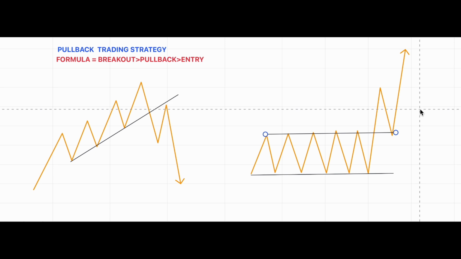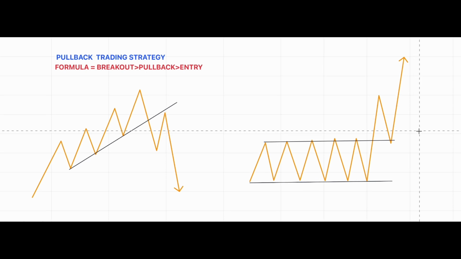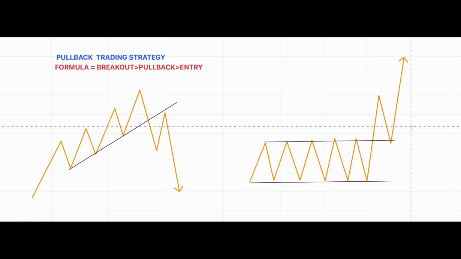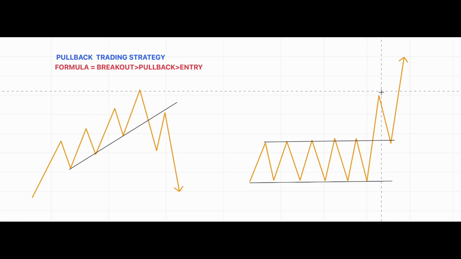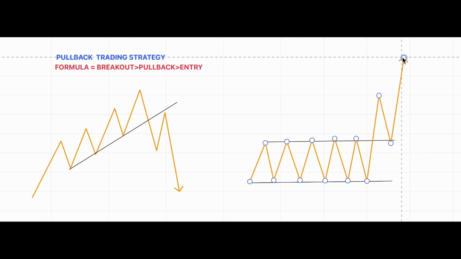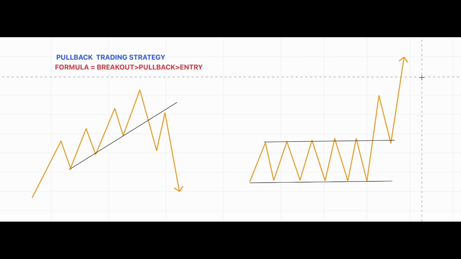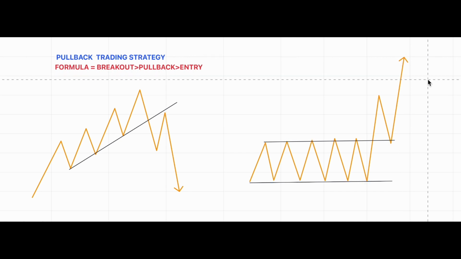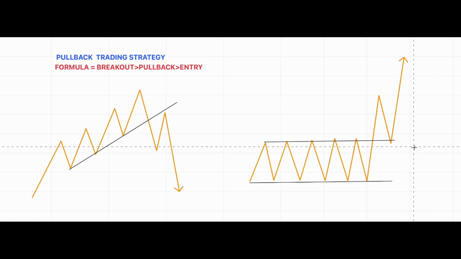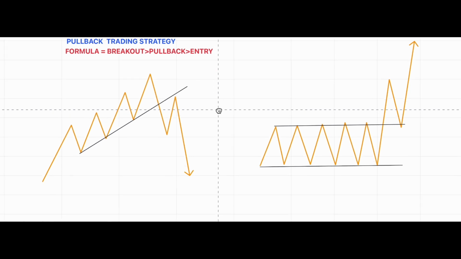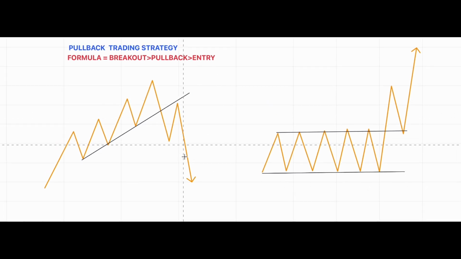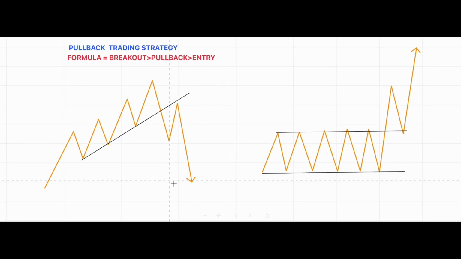The risk and reward ratio should be 2 and above. This is very important. If the risk reward ratio is not attractive enough, or the space to our take profit is less than 2 risk reward ratio, then this is not the trade that we want. You must make sure there is enough space for us to make our profit.